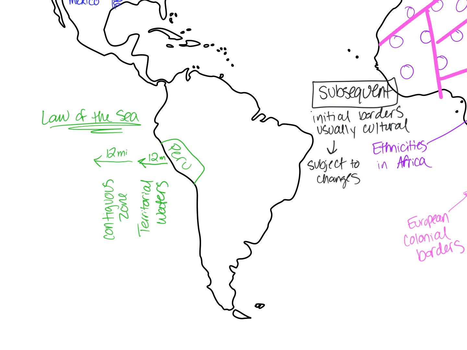Okay, so like if a cargo ship were to pass within that 24 miles off your coast, then they would be subject to pay taxes for anything that's on that boat. They would have to report through customs everything that they're carrying on that ship, okay?